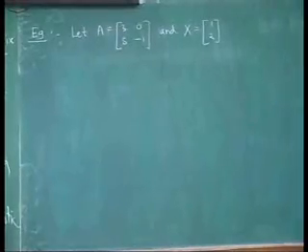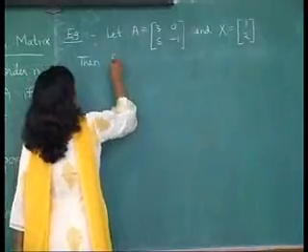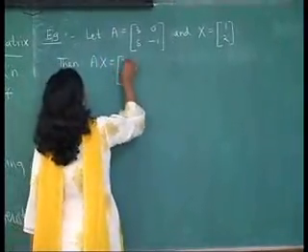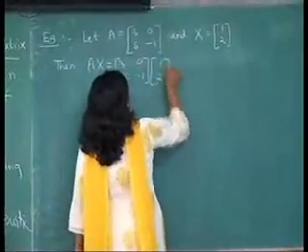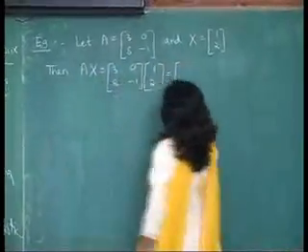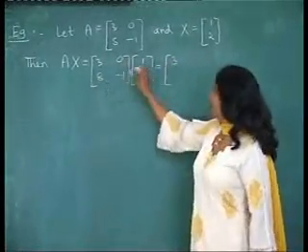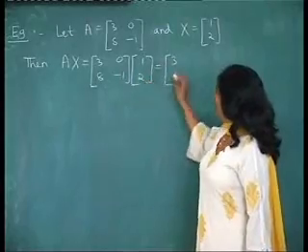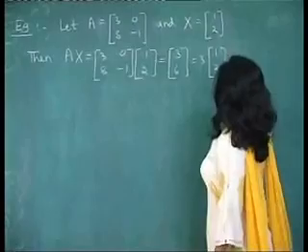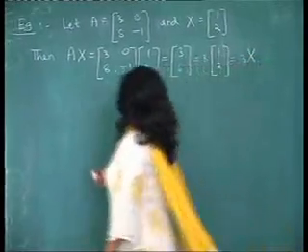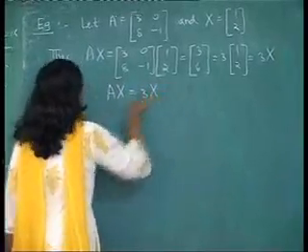Then A into X will be [3, 0; 8, -1] into [1; 2]. If I multiply these two matrices, I get 3 into 1 plus 0 into 2, 8 into 1 minus 2, that is [3; 6], which will work out to be 3 times [1; 2], which is 3 times x. So A into x is 3 times x.